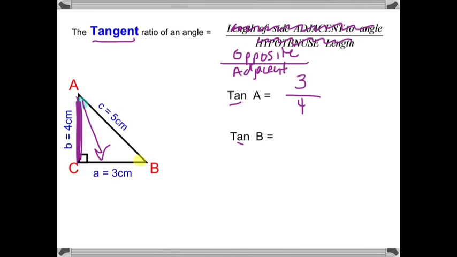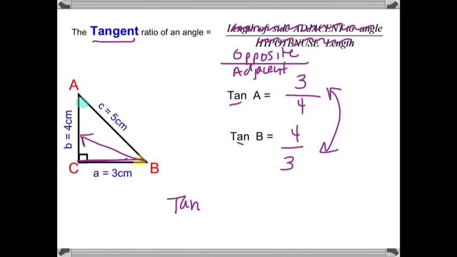And the tangent of B is going to be the opposite, which is 4, over the adjacent of B, which is 3. Notice that these are reciprocals of each other. So the tan of A is going to be 1 over the tan of B, and likewise, the tan of B is 1 over the tan of A.